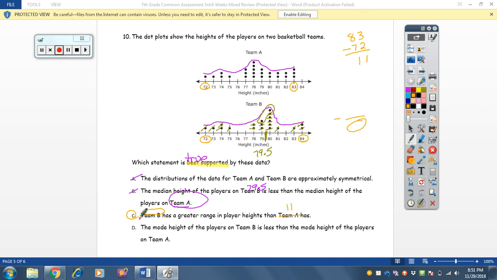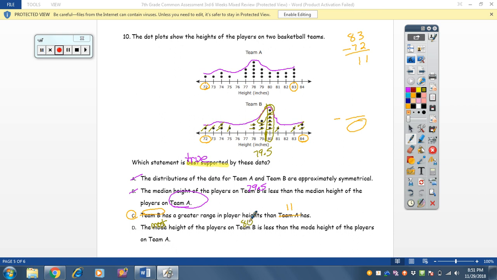Yes. Now, when you were taking this test the first time, I hope you didn't check D, because that's a waste of your time. But since you are correcting this test, you have to check D. The mode height of the players on Team B. Mode means most. So on Team B, which number has the most dots?